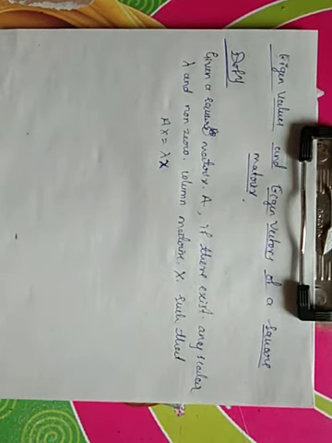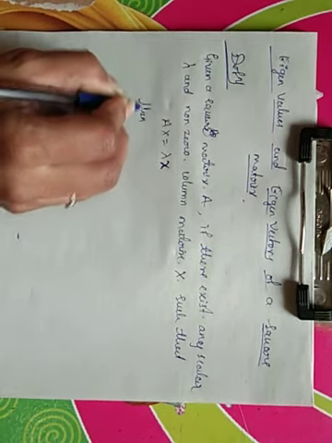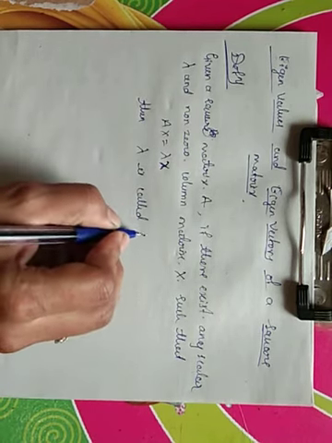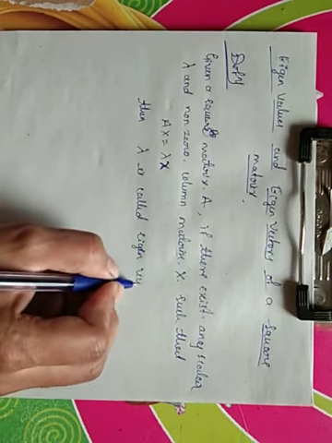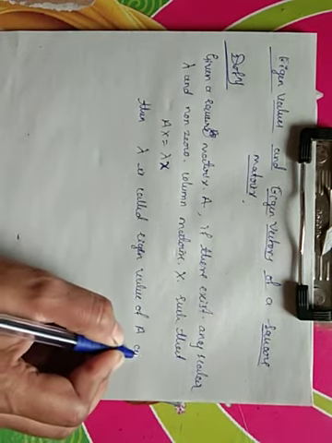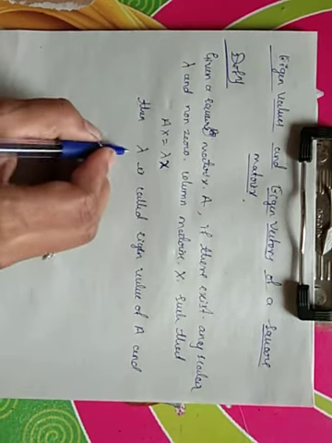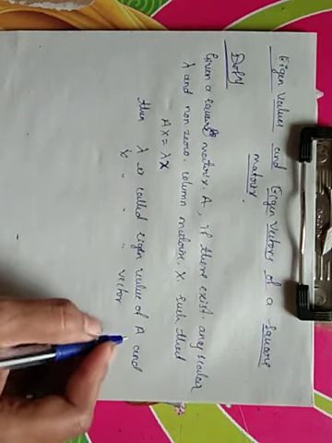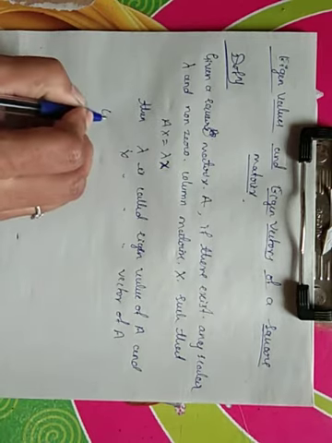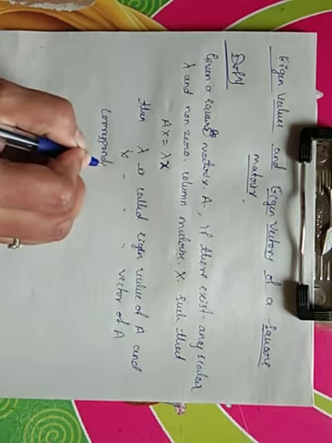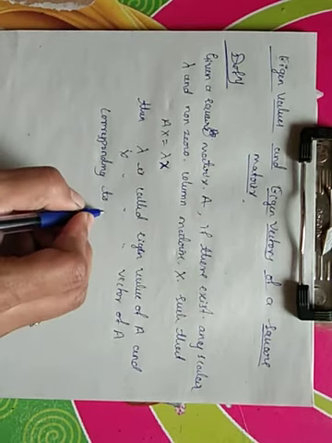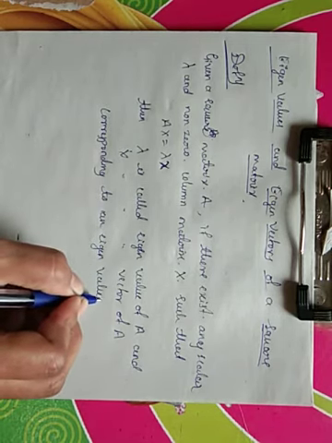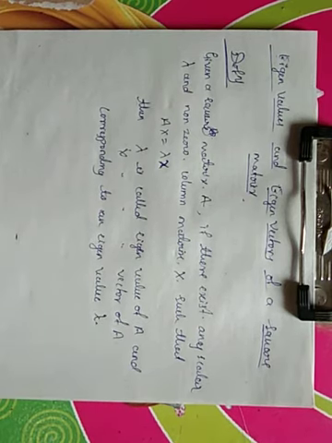then lambda is called an eigenvalue of A, and x is called the eigenvector of A corresponding to the eigenvalue lambda.